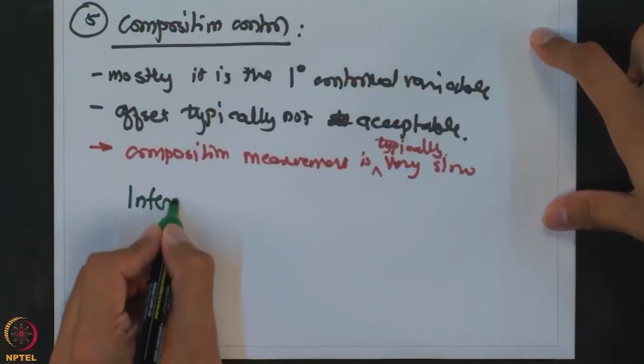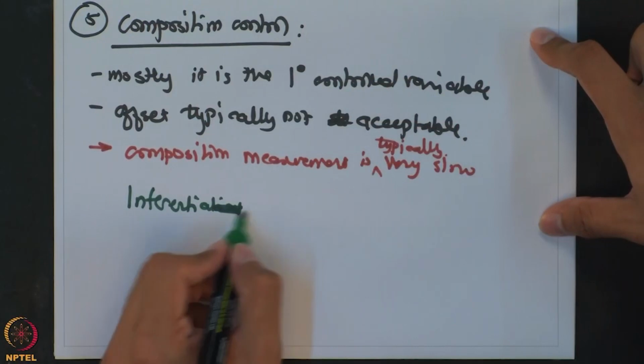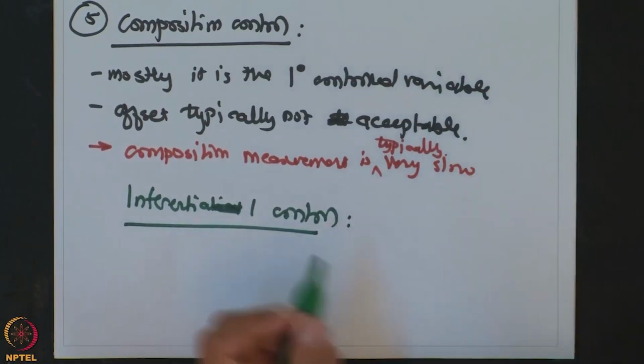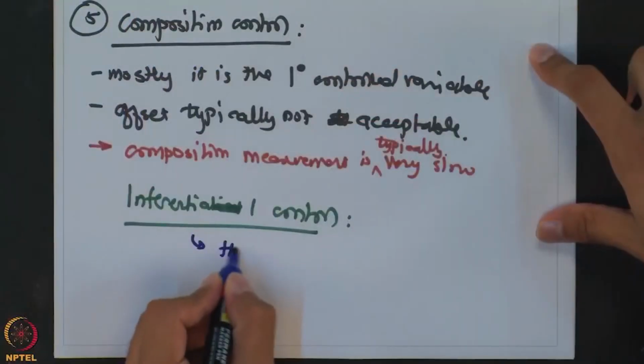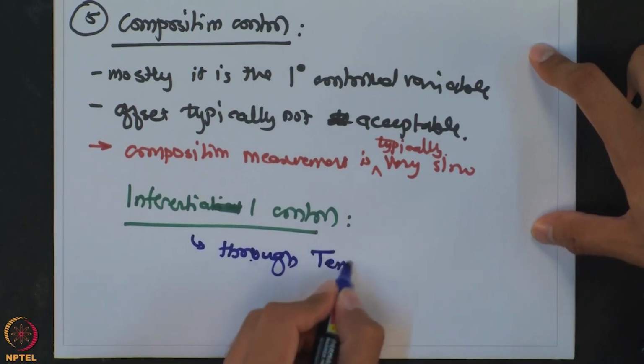What you do is something known as inferential control. So you try to infer the composition through a secondary controlled variable, and most of the time this is a temperature control.